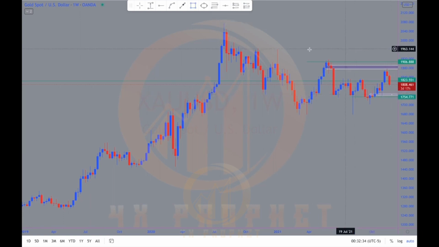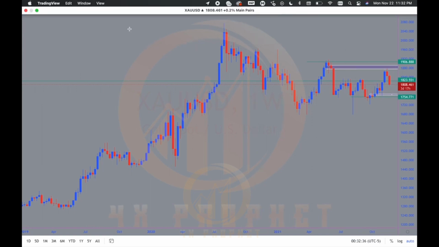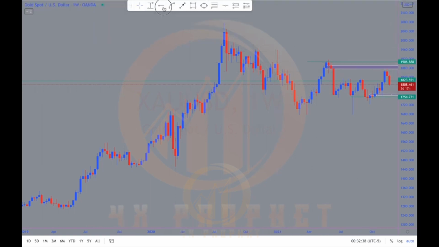All right, smooth. Now I'm going to be looking at those major areas. Because I'm focusing on this ranging part that's happening, I'm only going to be marking areas inside that. We can see right here, this is where price tested, so that's obviously an important zone.